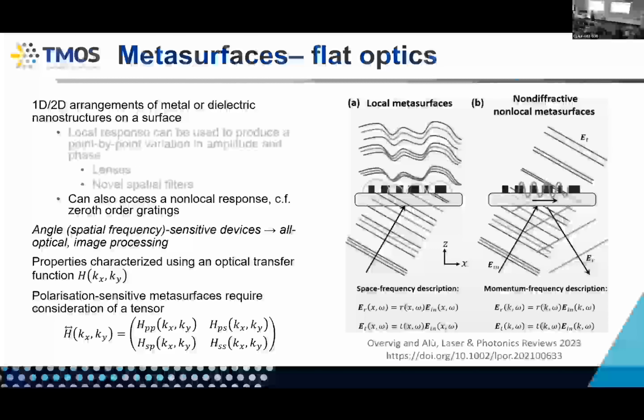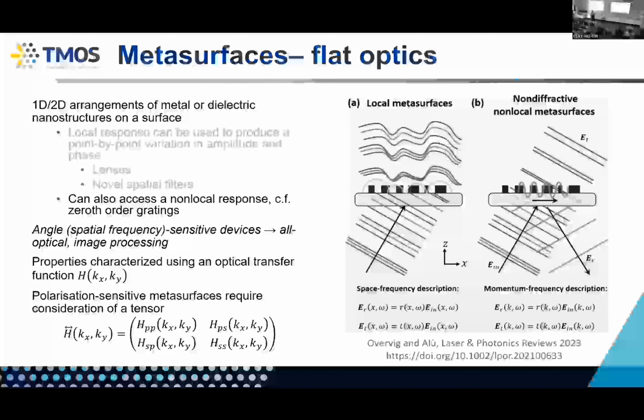So a classic example there is a zeroth order grating. And in this case, the transmission through the device isn't point by point. It essentially depends on the spatial frequency of the incident field, which you recall is related to the direction of propagation of an incident plane wave.